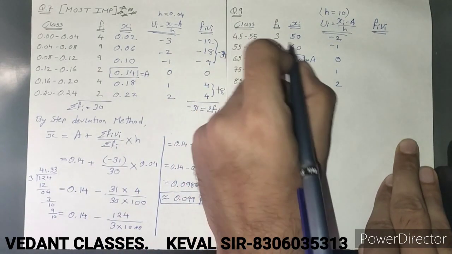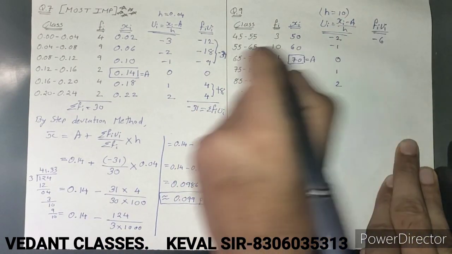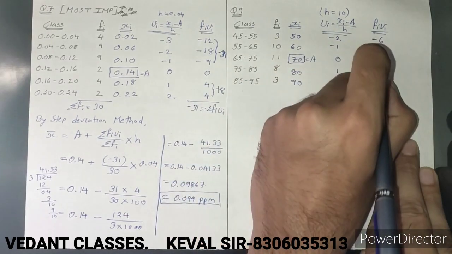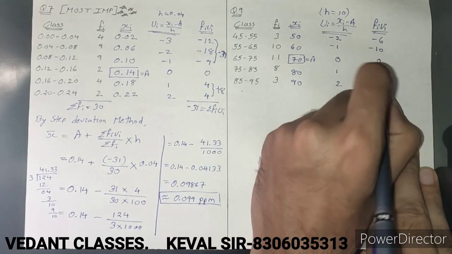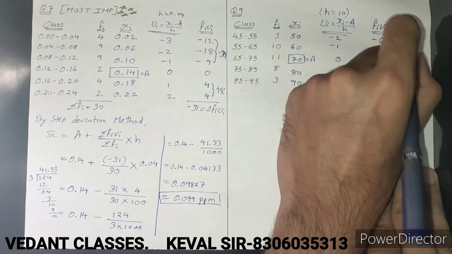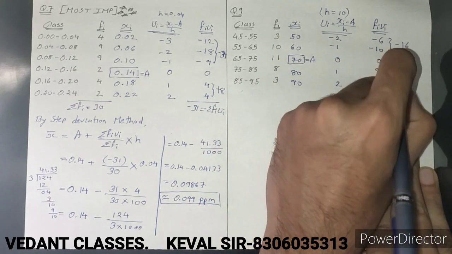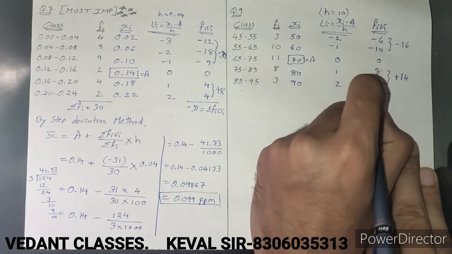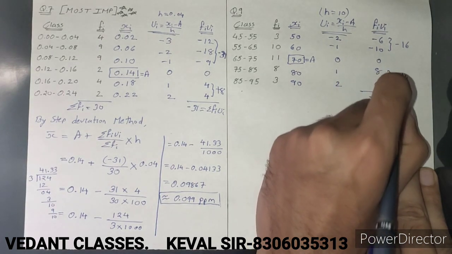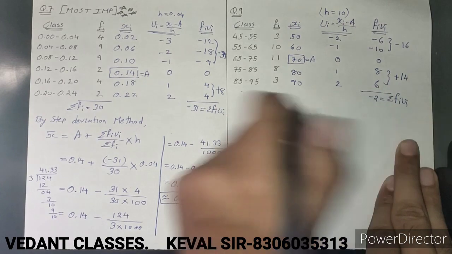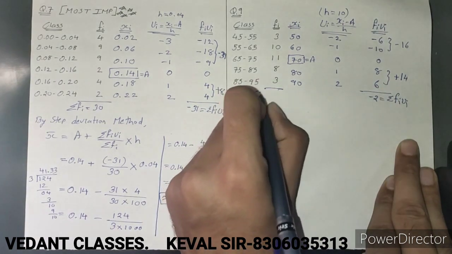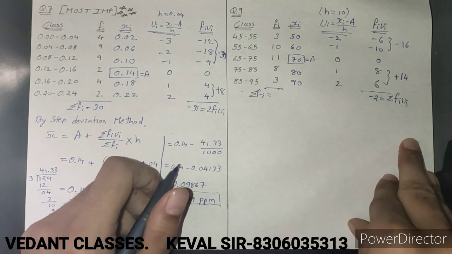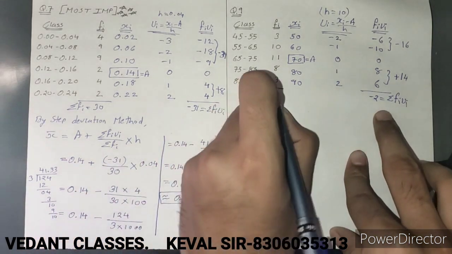Value of fi ui, so it will be minus 6. This will be minus 10. This will become 0. This will become 8, and this will become 6. So minus 16, and this will become plus 14. So the net value of sigma fi ui is minus 2. The value of sigma fi is 35.